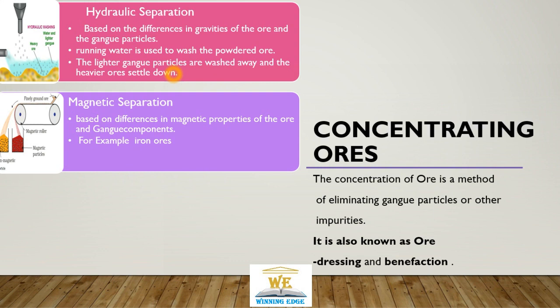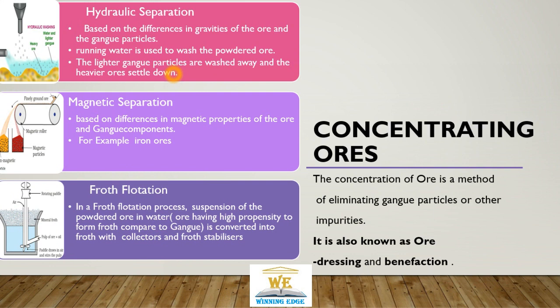For example, iron ores have magnetic properties while the gangues don't. Froth flotation is based on the principle that in suspended powdered ore in water, the ore has a high propensity to form froth with suitable agents, and this froth can be separated from the gangue.